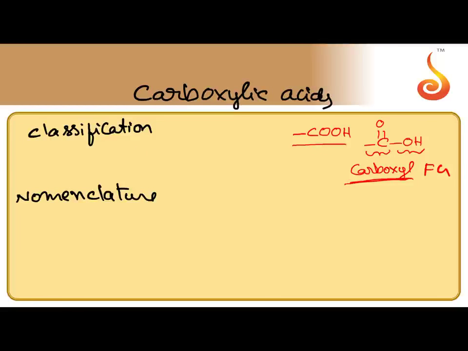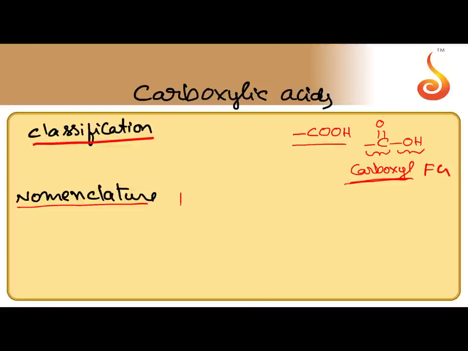Based on the number of COOH groups, these are divided into monocarboxylic acids, dicarboxylic acids, tricarboxylic acids, etc. After that, aliphatic carboxylic acids as well as aromatic carboxylic acids. Aliphatic carboxylic acids with a long carbon chain with an even number of carbons are also called fatty acids.